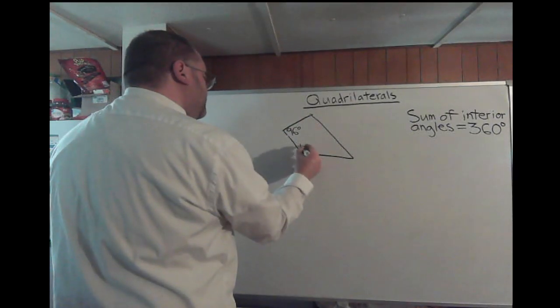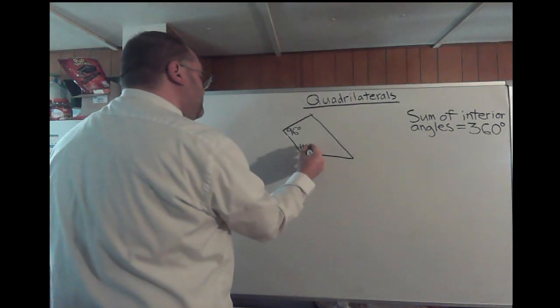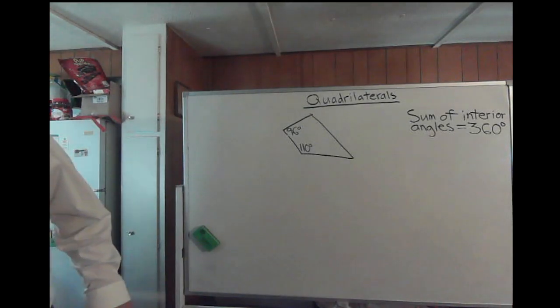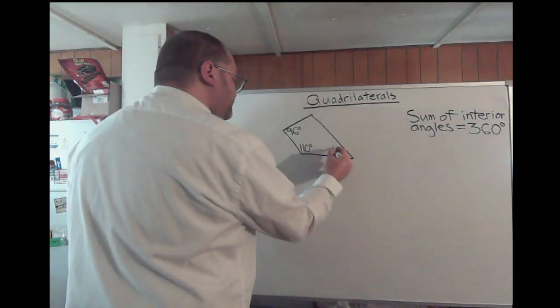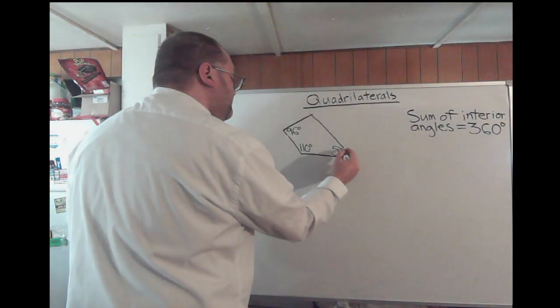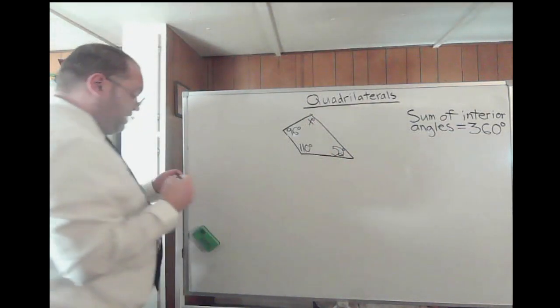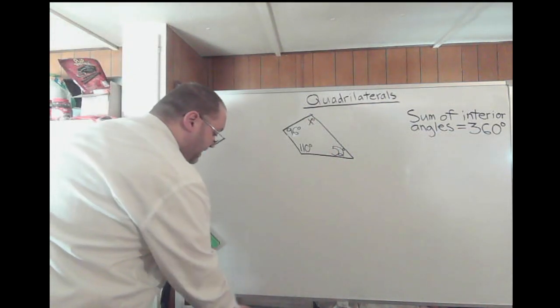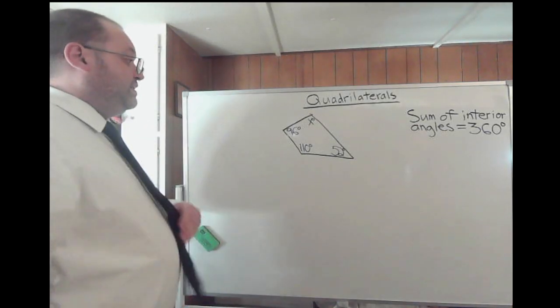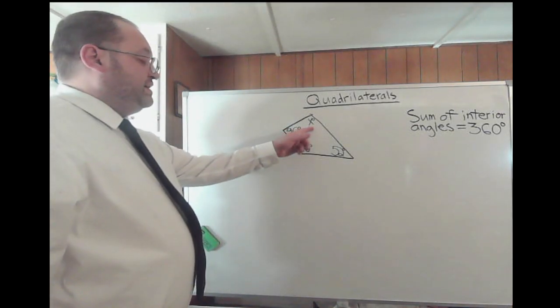This one equals 110. This one equals 52 degrees. This one is x. Okay, so we got to solve for our missing angle of x degrees.